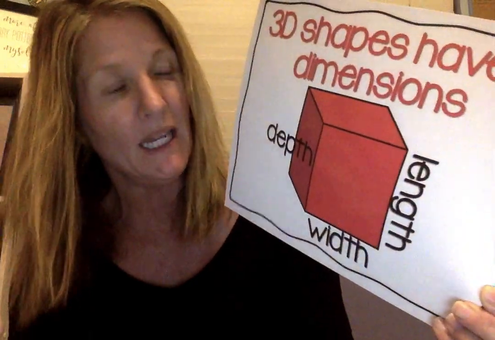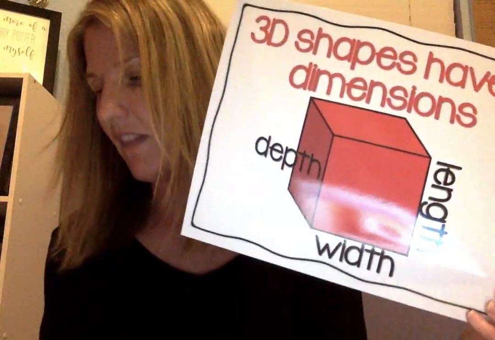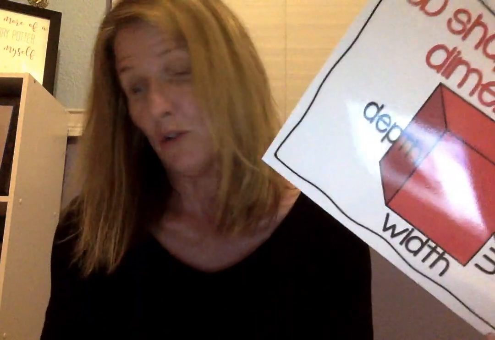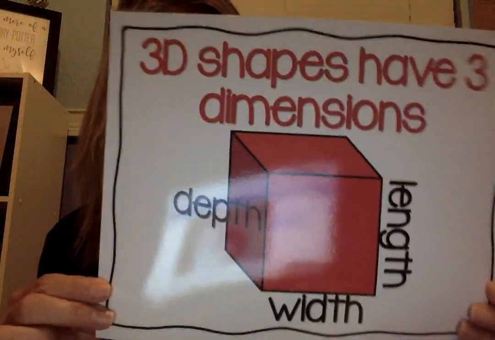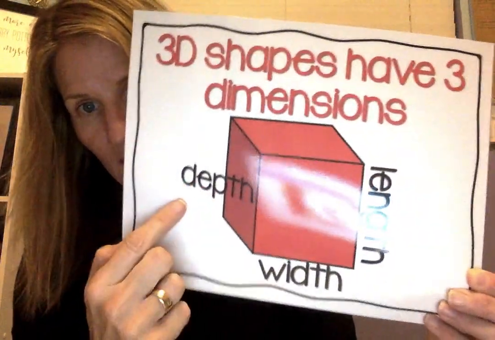It makes it be able to roll or stack or slide, whereas a flat shape like a circle or a hexagon can't do those things because it's just flat. But a solid shape has these 3 dimensions, that added one of depth, and that makes it more solid. Like we can stack them and we can roll them and we can slide them, right?